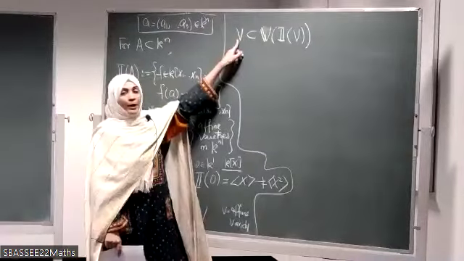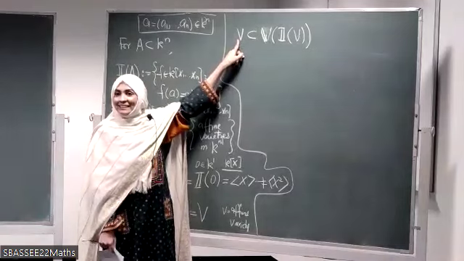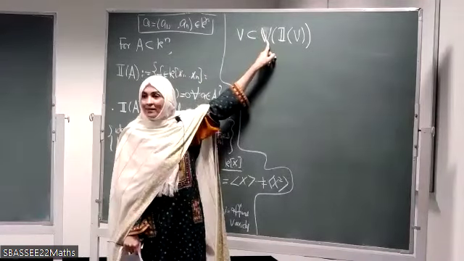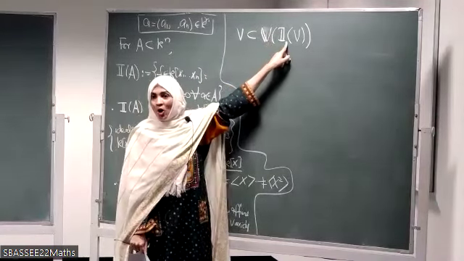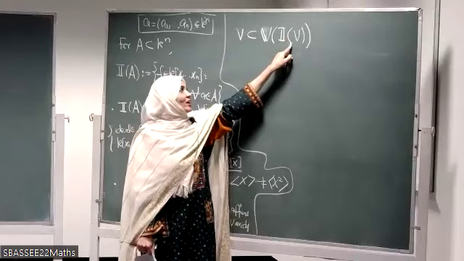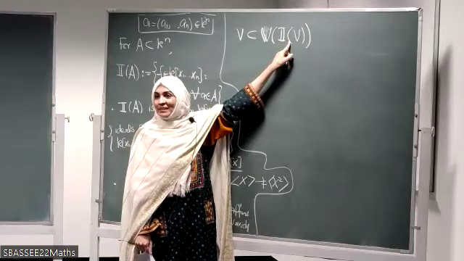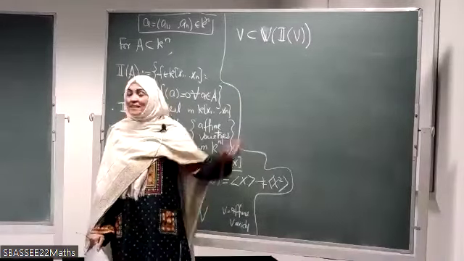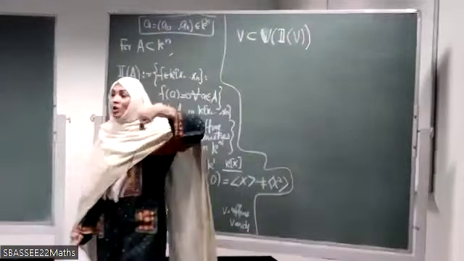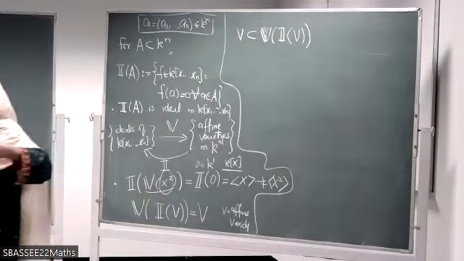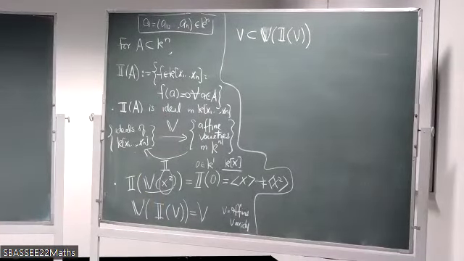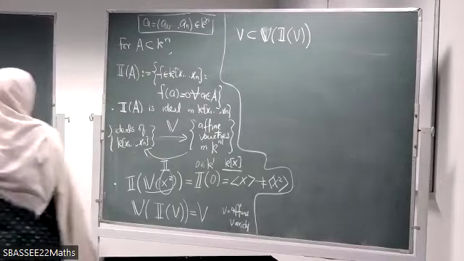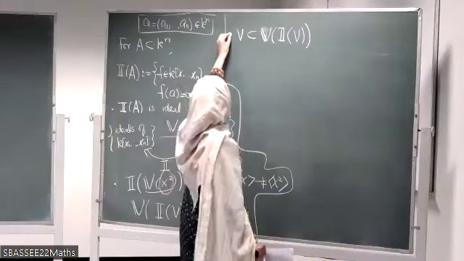If you pick any point here, then definitely that point will be zero on all polynomials which are in this set. By definition, it is trivial. So that's why this is trivial, and this is actually true for all, not only for affine varieties; it is true for all subsets of affine space K^n.